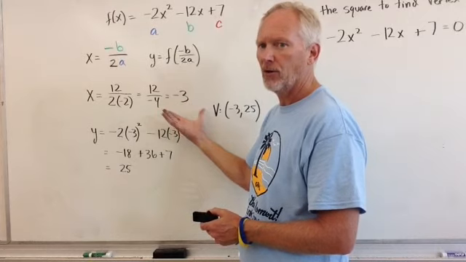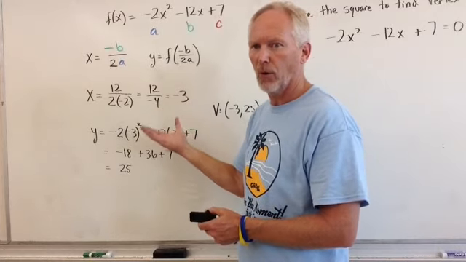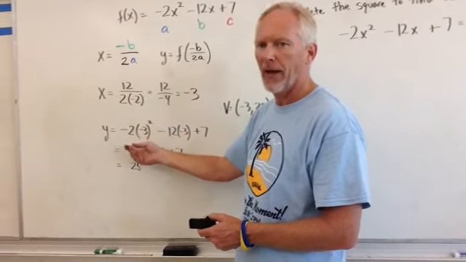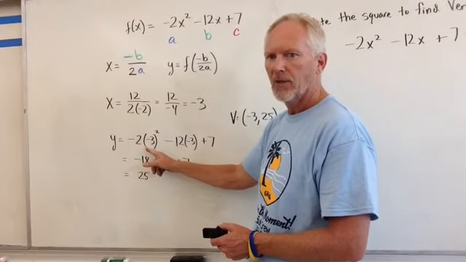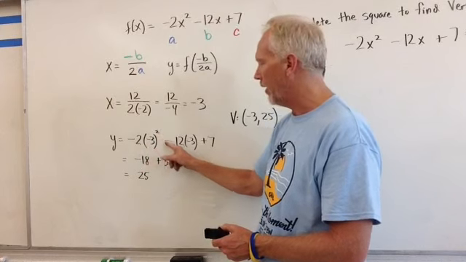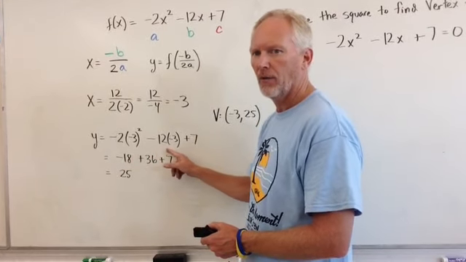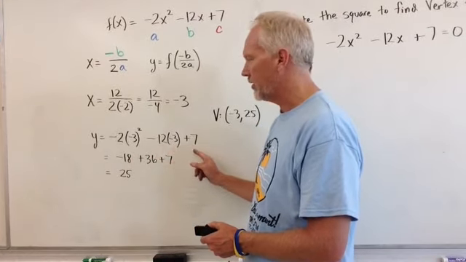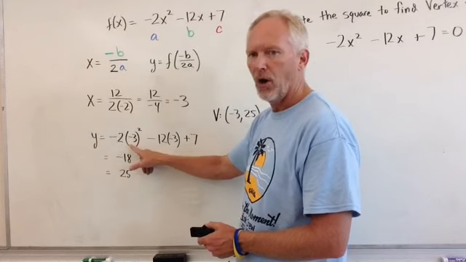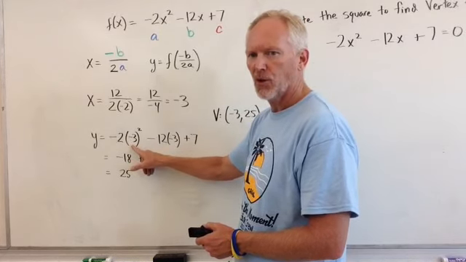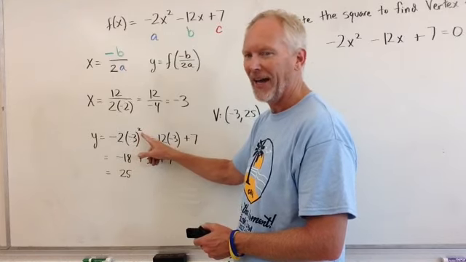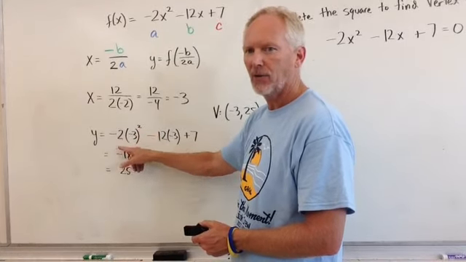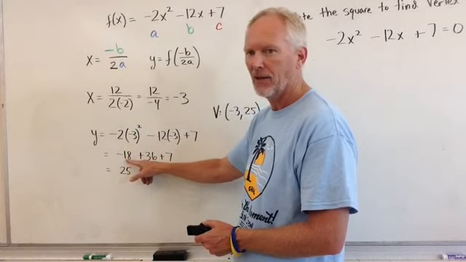Now that I have the x value, I need a y, right? So we simply plug it back in, and we get y is equal to negative 2 times negative 3 squared minus 12 times a negative 3 plus 7. Now if you recall, order of operations, we've got to square this first. So negative 3 squared will be 9. 9 times negative 2 is negative 18.